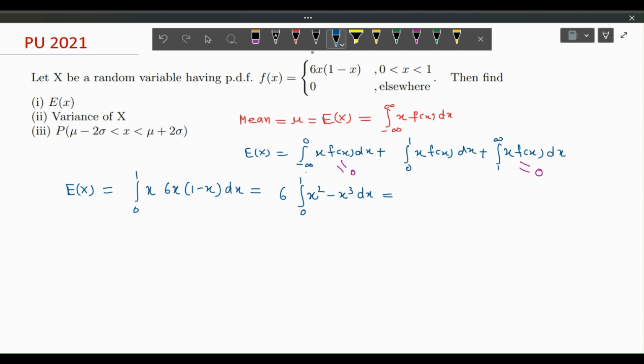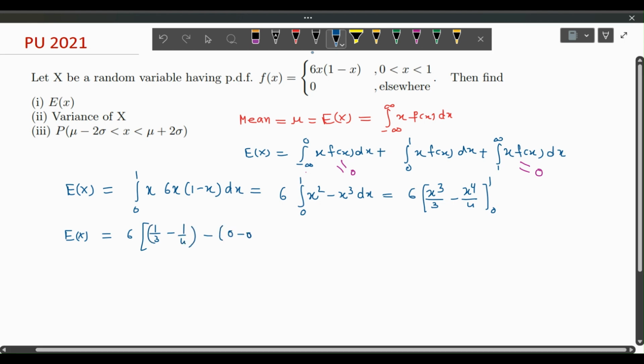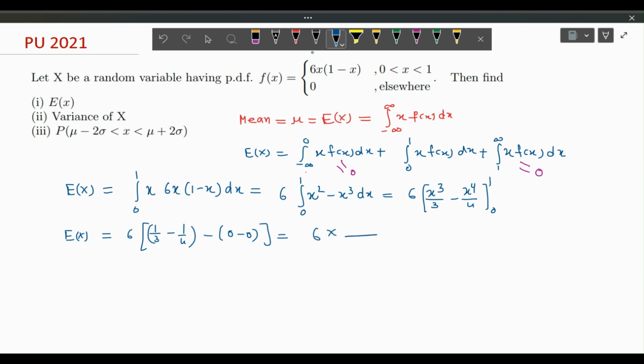After integrating, it becomes 6 times (x cube divided by 3 minus x to the 4 divided by 4), limits from 0 to 1. So upper limit 1 by 3 minus 1 by 4, lower limit 0 minus 0. Taking LCM 12, this becomes 6 times (4 minus 3), so 6 times 1 by 12. It becomes half.